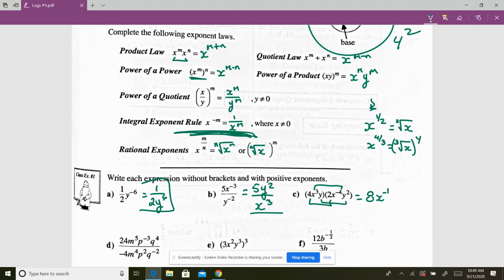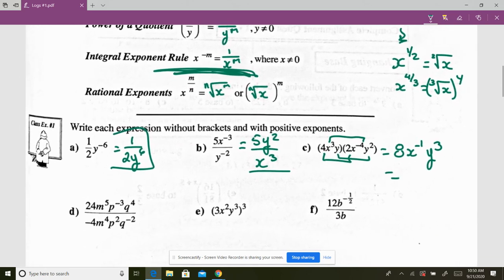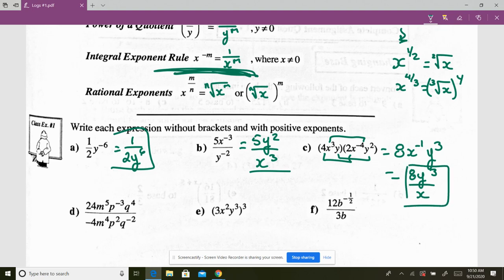Y times y squared is y to the power of 3, because this one has an exponent of 1, so you just add them. Okay, how do I make the -1 positive? Drop it down, right? So 8y cubed over x. I could write to the power of 1, but you don't need to.